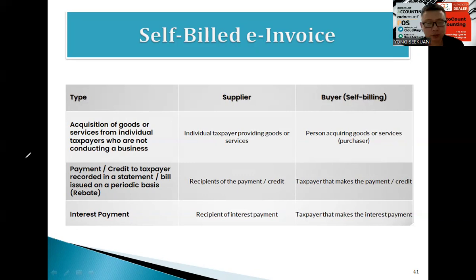So when you study all these types of business this year, you will feel that the government actually wants to catch this kind of person. When I self-bill a freelancer, or pay commission to a dealer or agent, are they going to submit this income in their personal income tax?